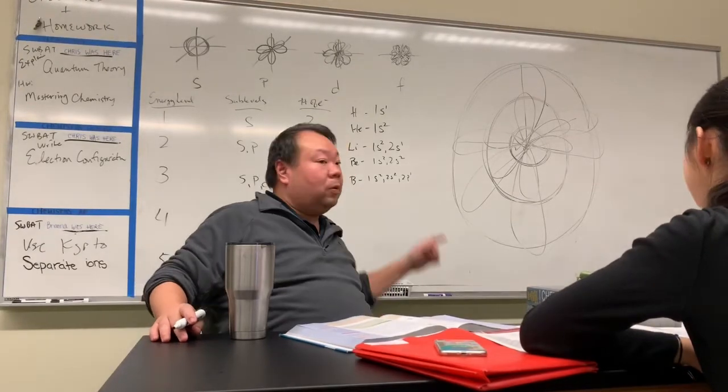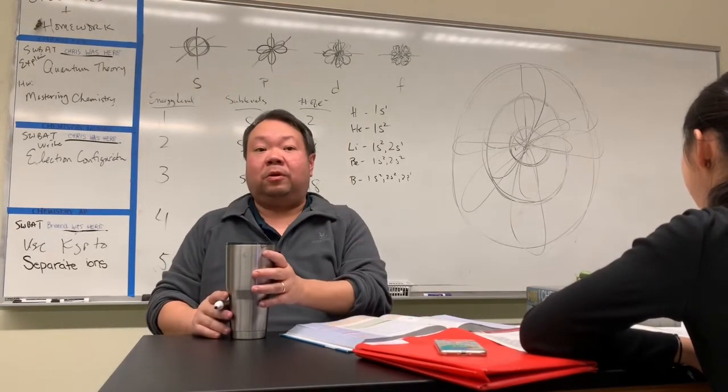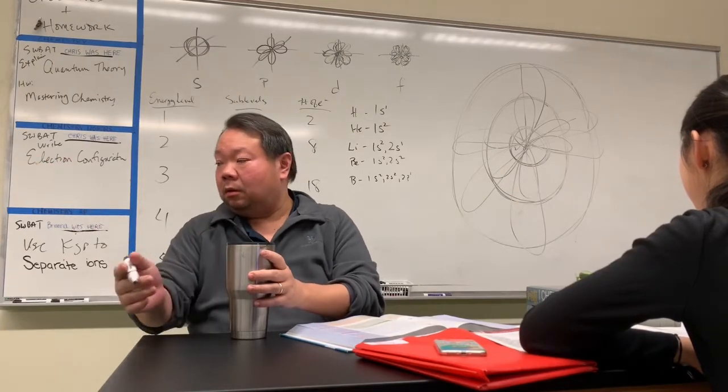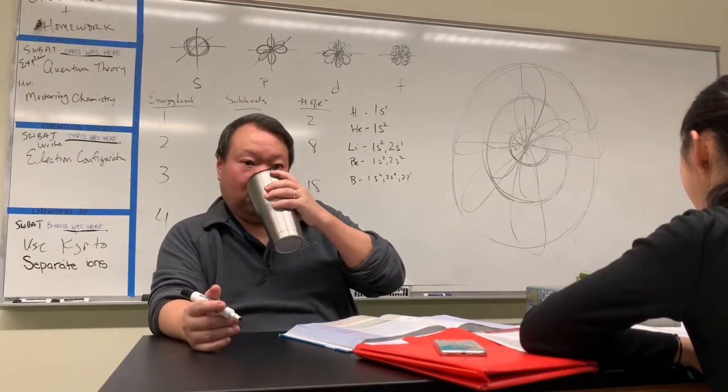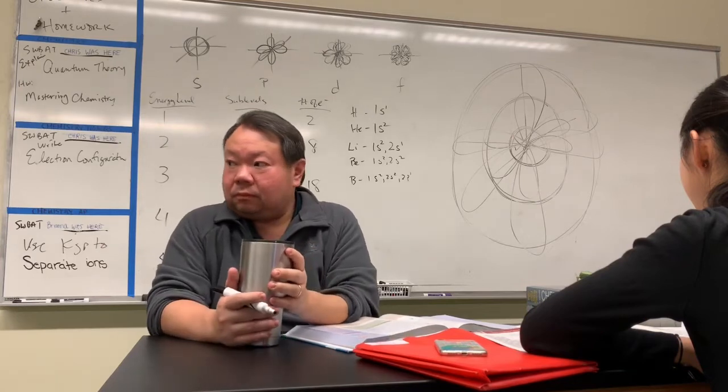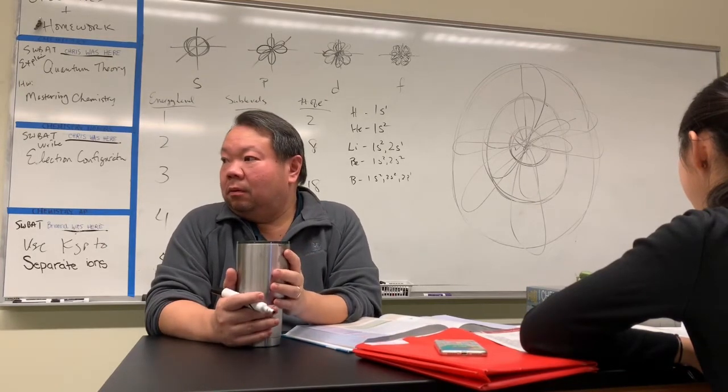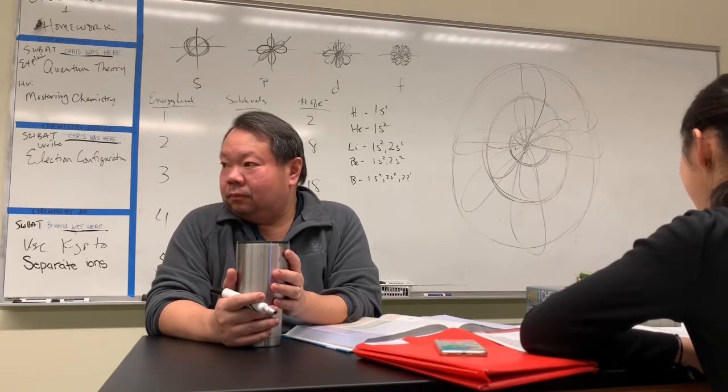Someone explain to him why we went to 2p1. Who can explain why we went to 2p1? So, we filled up the S sublevels, and you can no longer use them again. So you have to move on to the 2p.